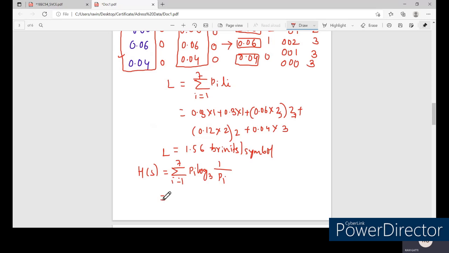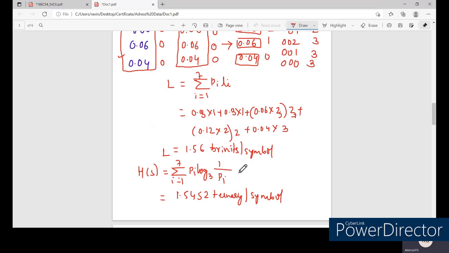If you do that, you will be getting 1.5452 ternary units per symbol.